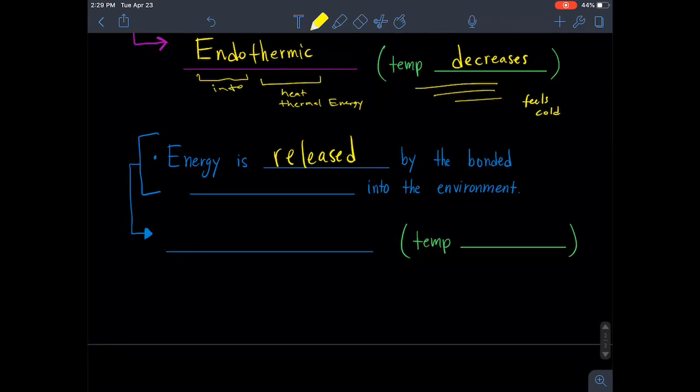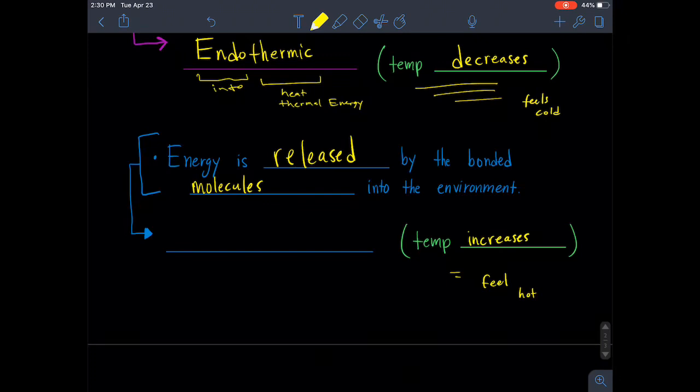That energy is released by the bonded molecules into the environment. And since energy is released into the environment, more energy enters the environment, so the temperature increases. So therefore, it's going to feel hot or warmer.